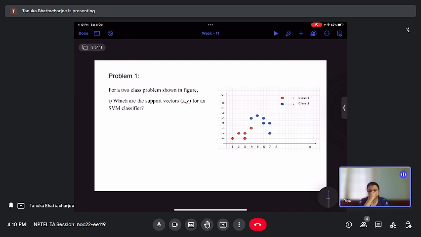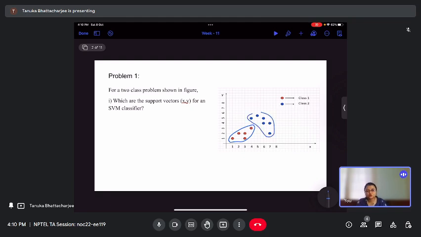Now, the question is, if you train a support vector machine to do a classification of these two classes, which will be the support vectors? As you can see, this is one class and this is another class.